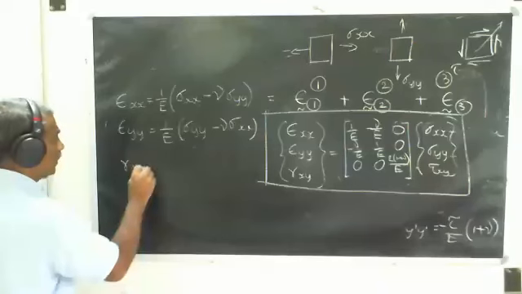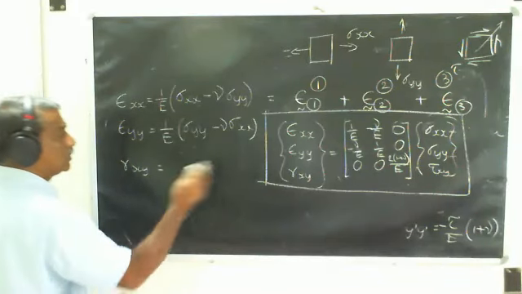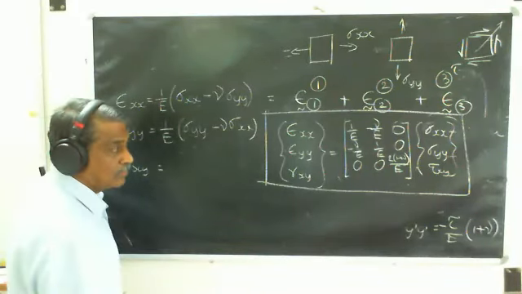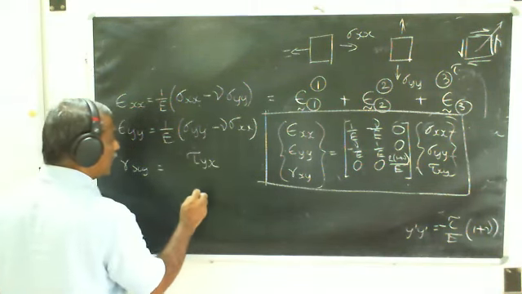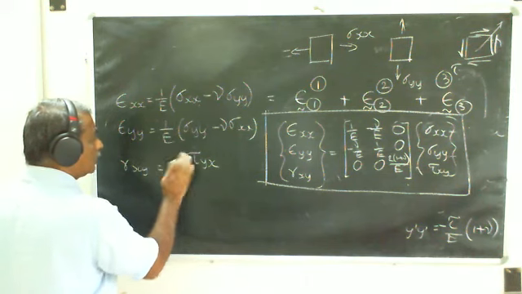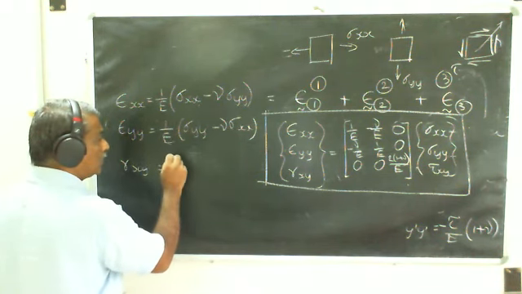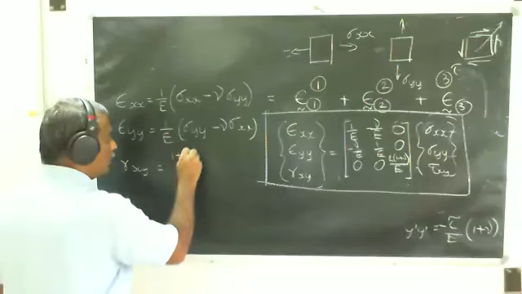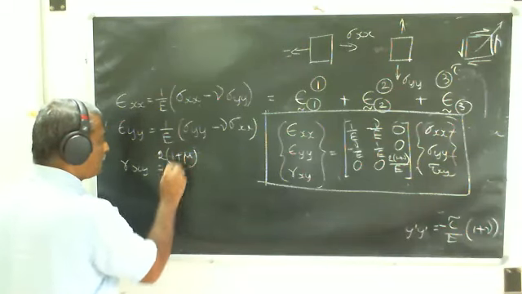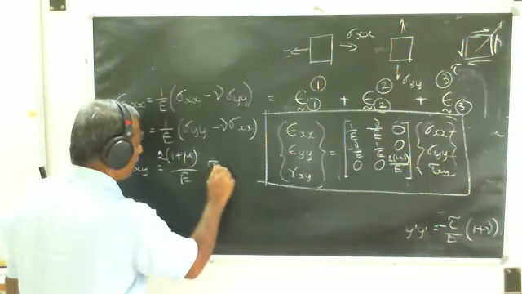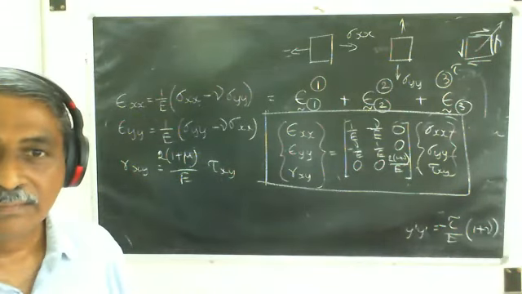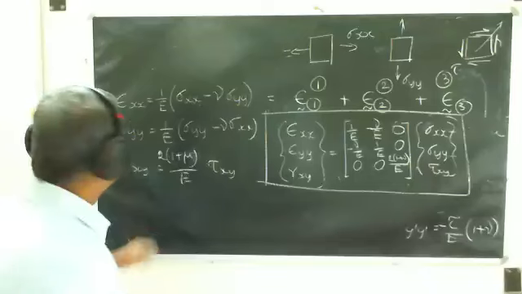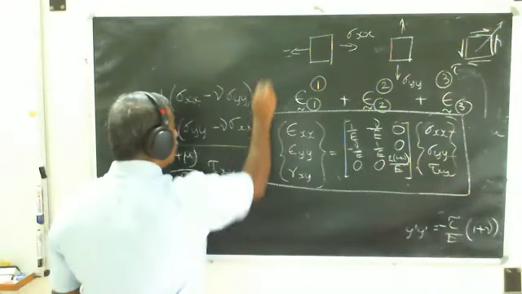Gamma xy is equal to tau yx times 2 into 1 plus nu by E. So far okay? Yeah.